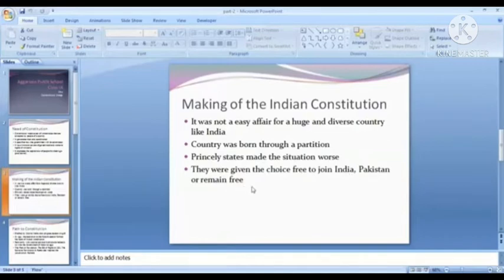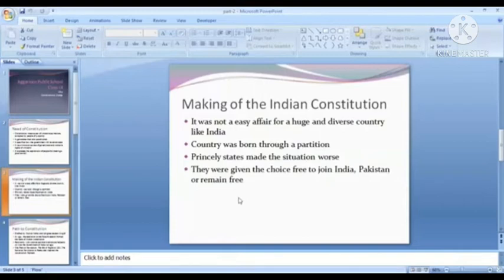At the time of independence, the Britishers gave the princely states the opportunity to decide whether to join India or Pakistan or remain free. It was up to the princely states whether they would join India, merge in Pakistan, or remain free.